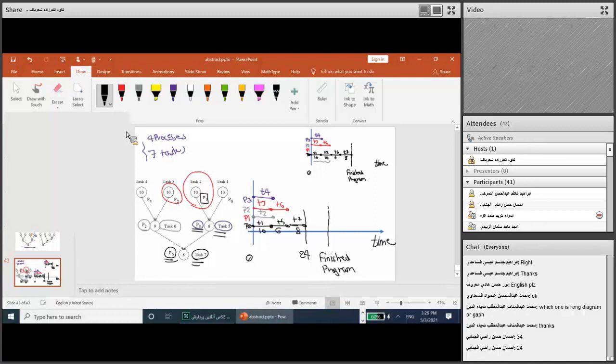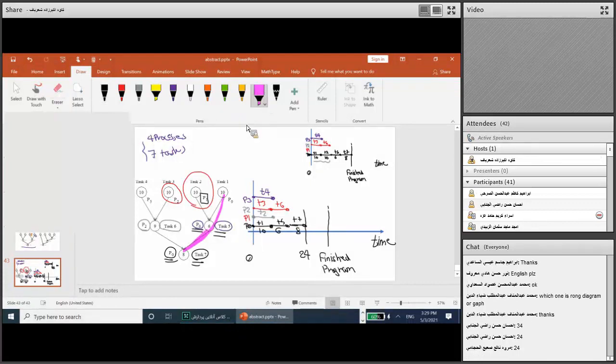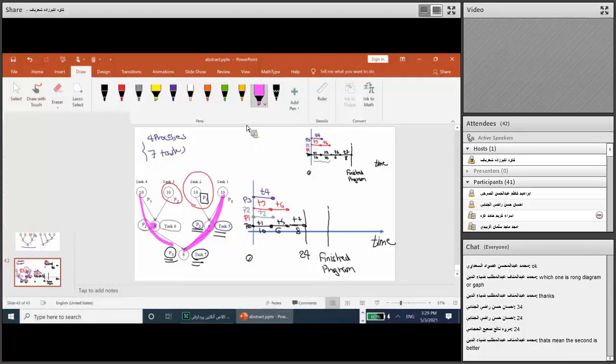Indeed, the critical path is the one that is 3 times larger. We focused on the right path, while we know the critical path is on the left, 27. Yes, the second is much better.